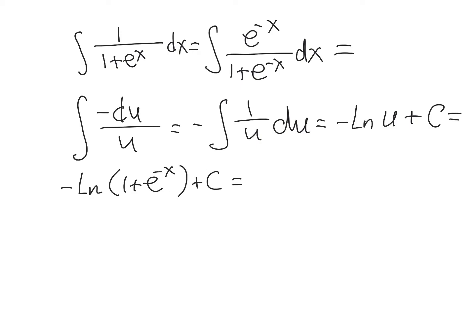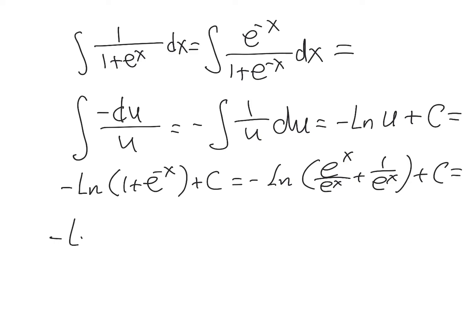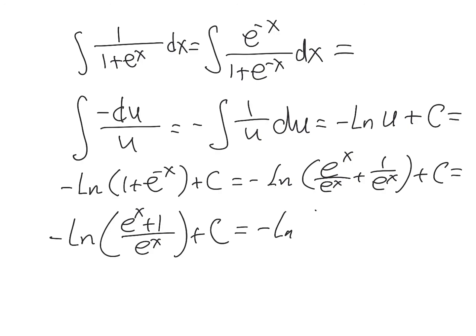which we can write as negative natural log of e to the x over e to the x plus 1 over e to the x plus c, and that's equal to minus natural log of 1 plus e to the x, or e to the x plus 1 over e to the x plus c, which is negative natural log of the numerator, 1 plus e to the x, or e to the x plus 1, minus a minus, plus natural log of the denominator, which is natural log of e to the x.